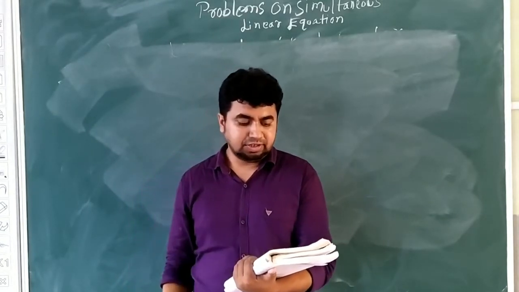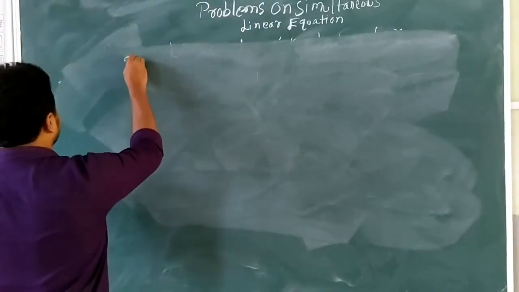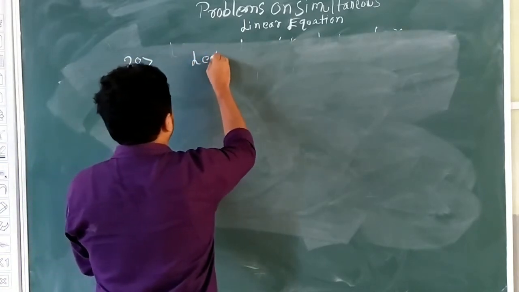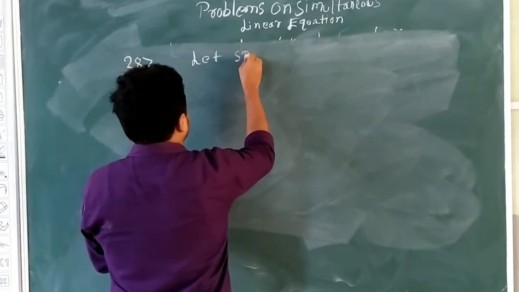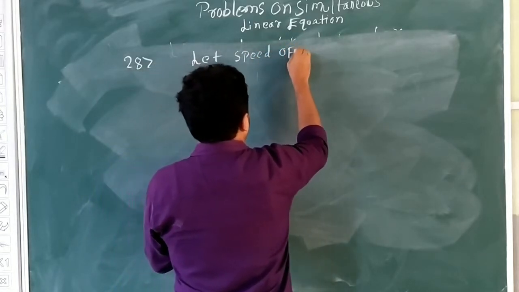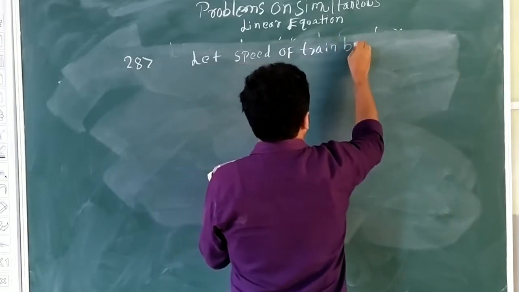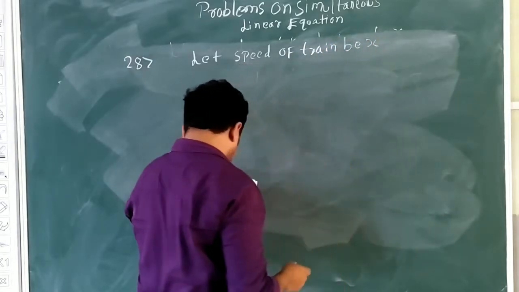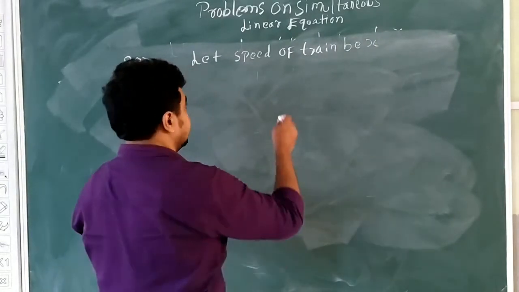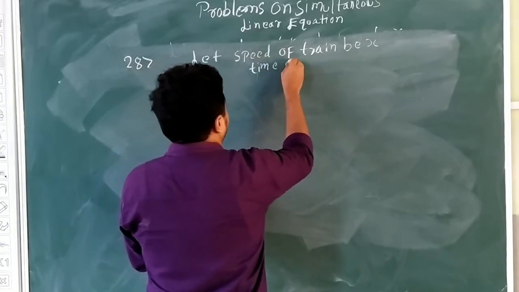Let the speed of the train be x, the distance covered be d, and the time taken by the train be t.